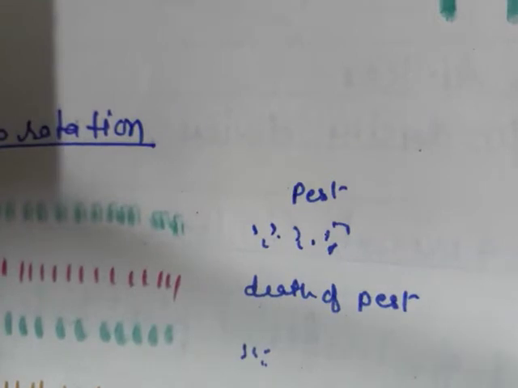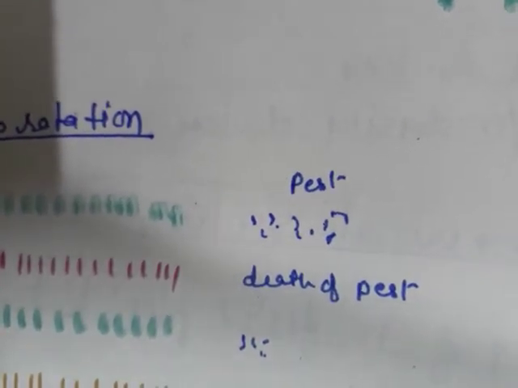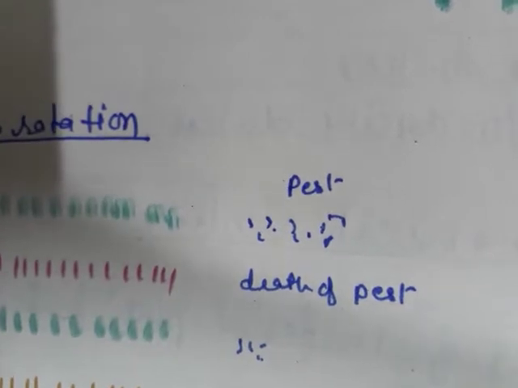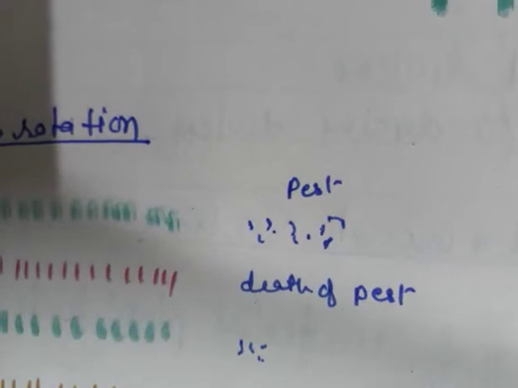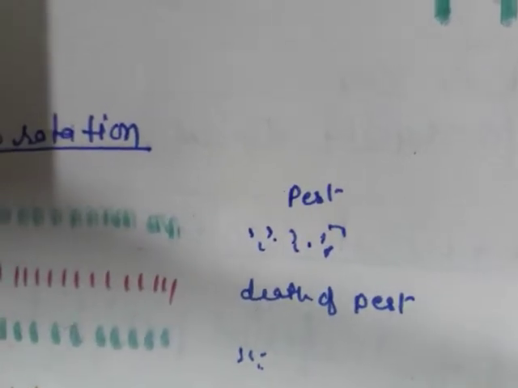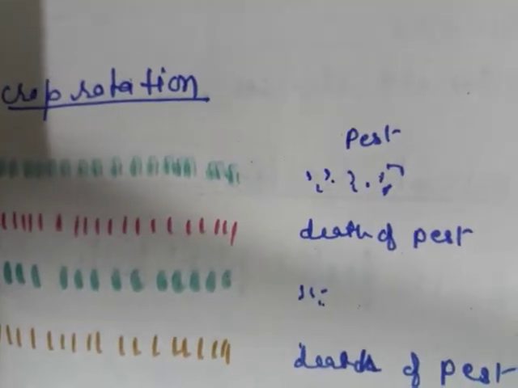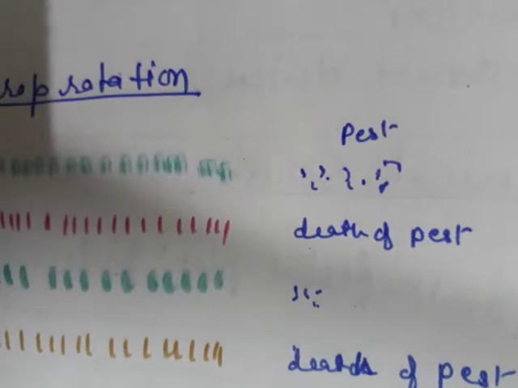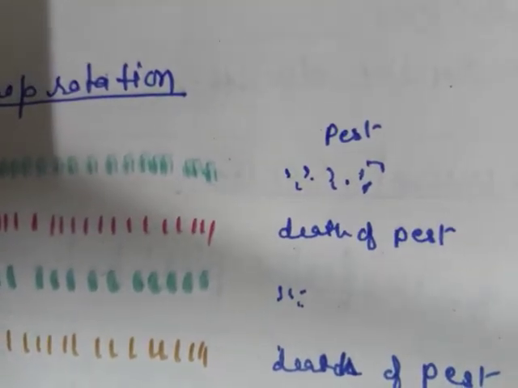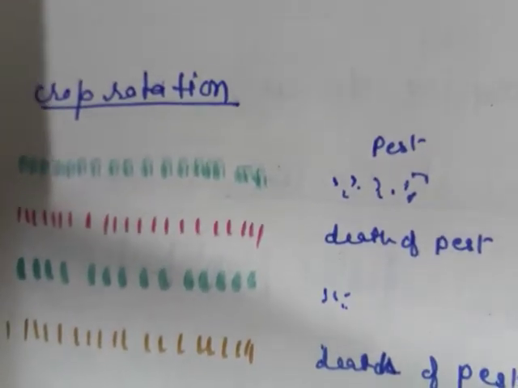And it is still one of the most effective controls of such insect species which are mono or oligophagous and have long generation cycles with limited dispersal capabilities. So, this is known as crop rotation.